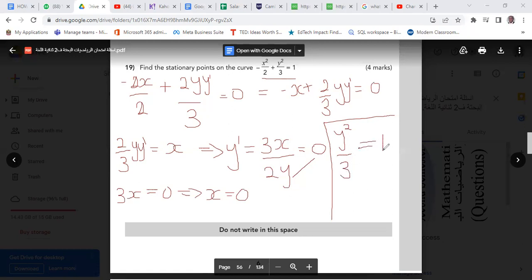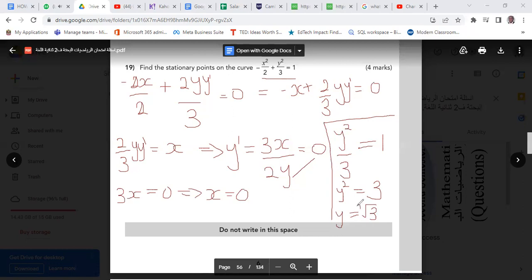This is so sweet. I'm really loving it. If I cross multiply, y power 2 is 3. And what is y now? Y will be the square root of 3. So what are the coordinates of the stationary point? They will be 0, and because I have a square root here, it will be plus or minus.